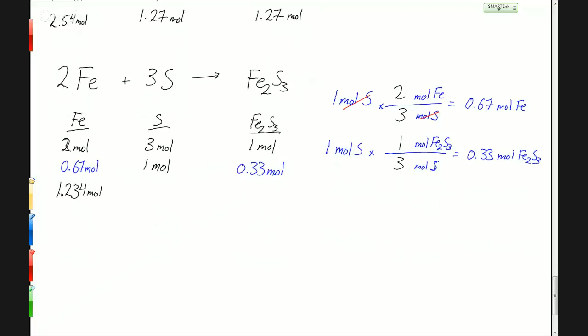So you'll set it up in a similar way, but with different numbers in that conversion. This time starting with the iron and then converting to sulfur to the Fe2S3.